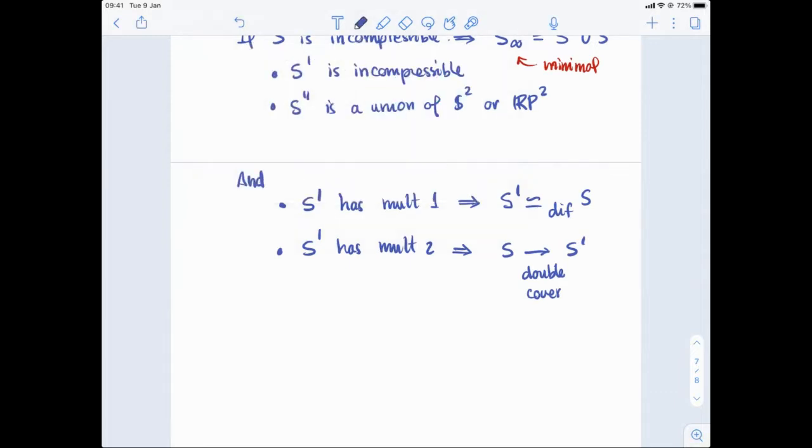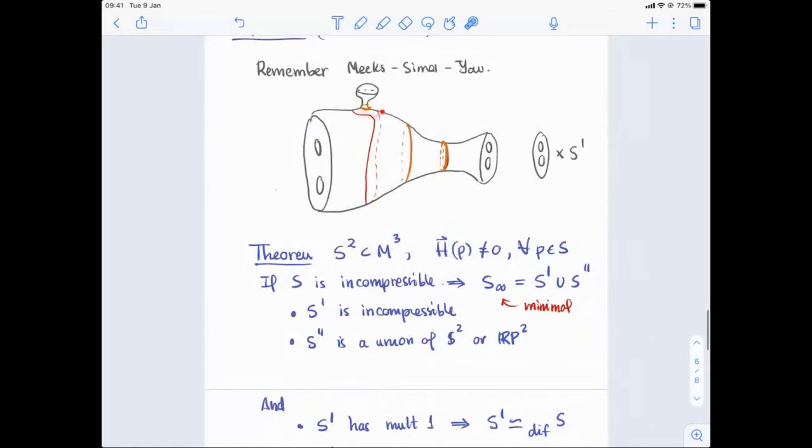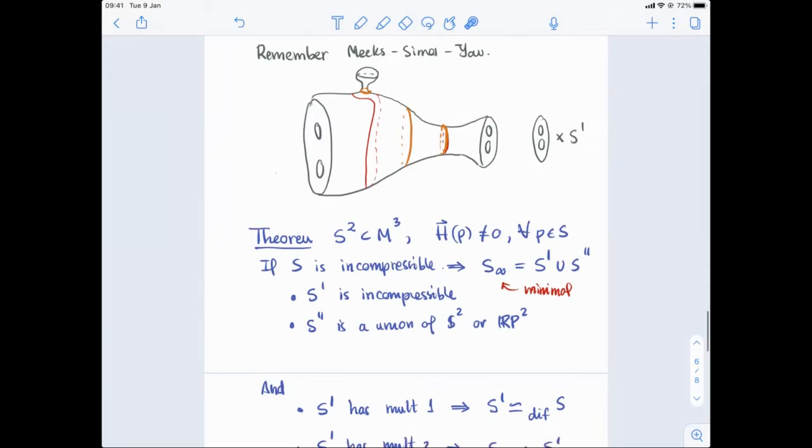Okay, and then another question one might ask is, well, we have these spheres here that don't let us make this continuous isotopy towards the stable minimal surface just using the flow, but when can I do that?